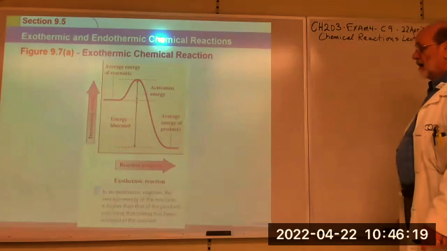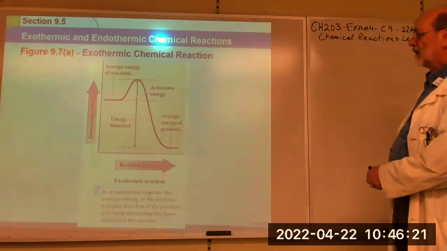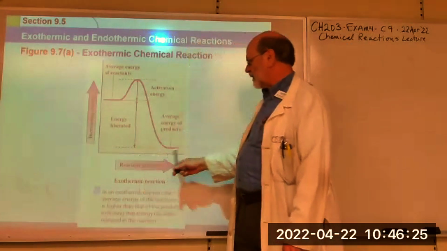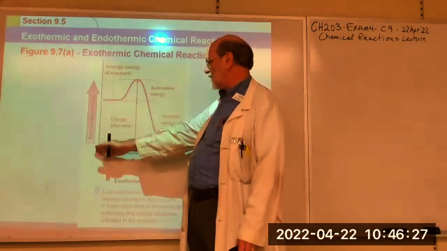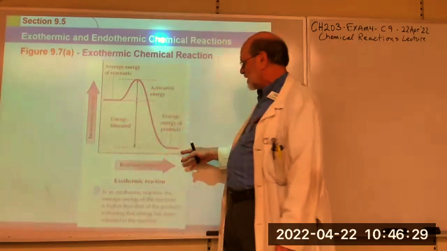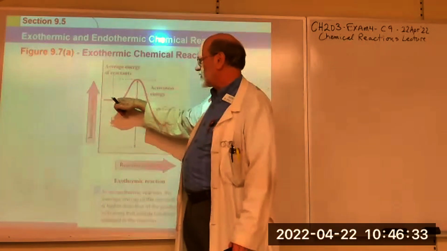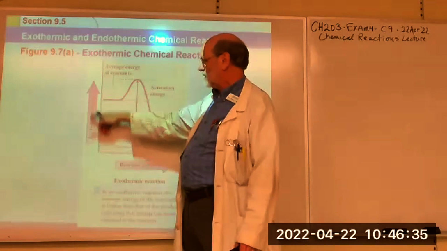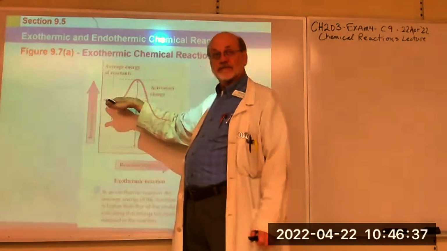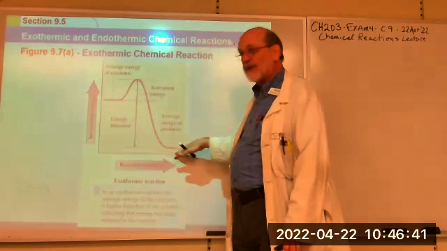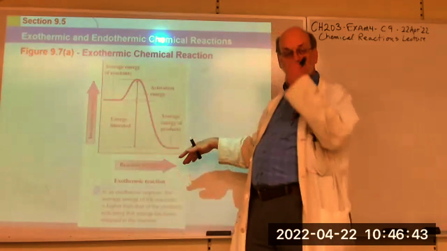Okay, so in reaction terms, if this is the progress of the reaction from left to right, this is where it starts, and then after a certain amount of time, you end up over here. These are the reactants, and the energy of the reactants is here, combined total energy of the reactants. And over here is the combined total energy of the products.